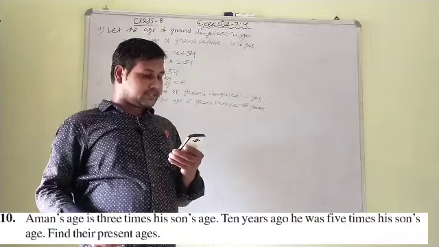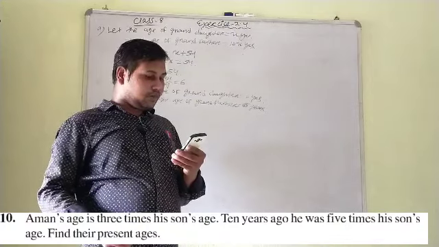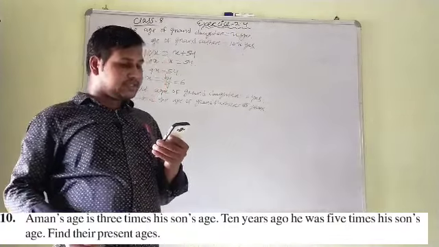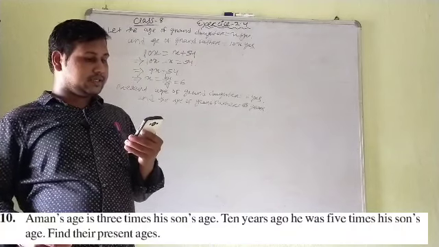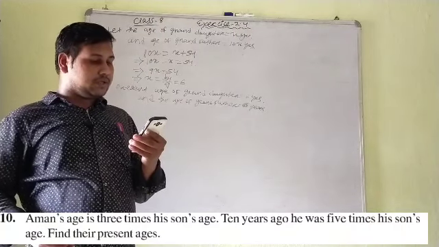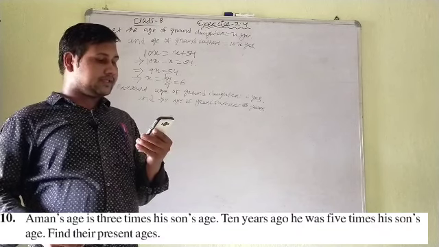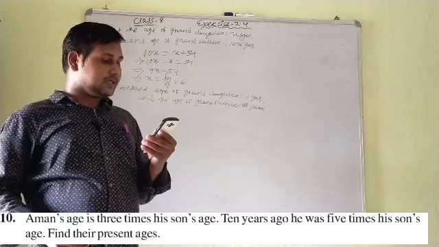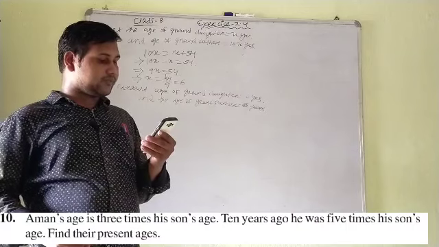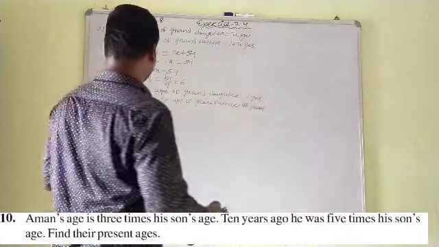Question number 10 is given: Aman's age is 3 times his son's age. 10 years ago he was 5 times his son's age. Find their present ages. Let the present age of the son be x.